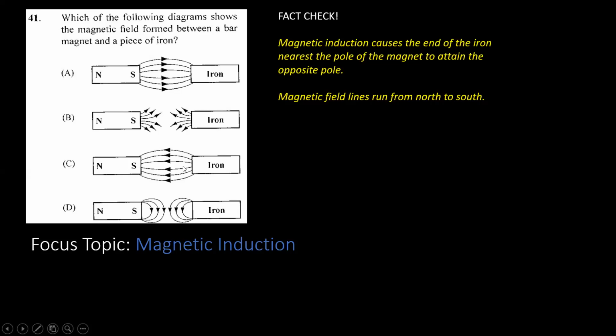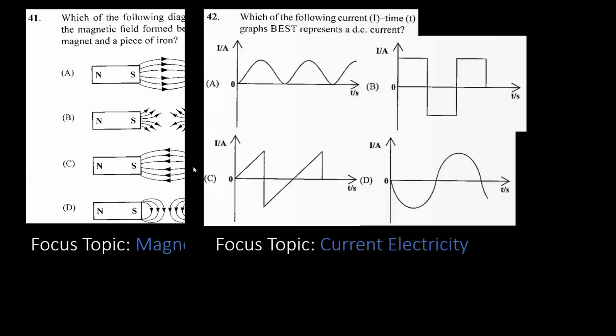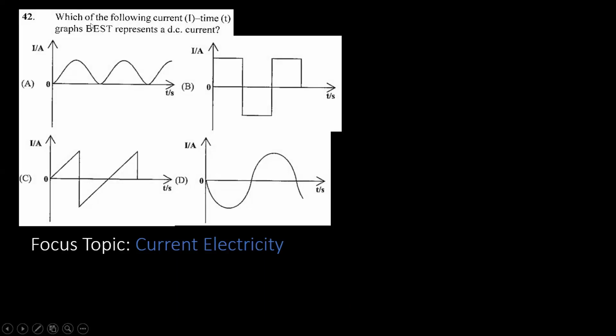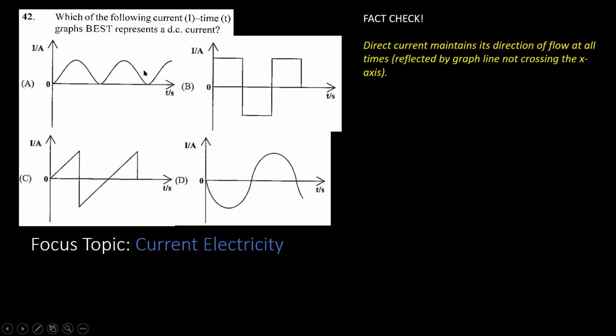The answer should be C. 42, which of the following current-time graphs best represents a DC current? DC current flows in one direction at all times, and that can be reflected on a graph as the graph line not going beyond a certain section of the graph. So that should be A.